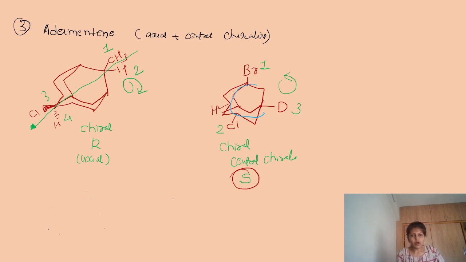Okay, now I will explain the next system, the fourth one, the biphenyl system. So first of all, in a biphenyl system there will be 2 phenyl rings, right?